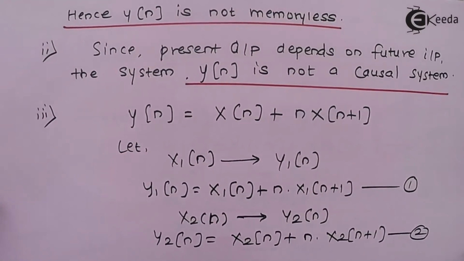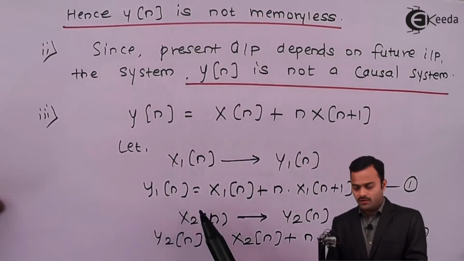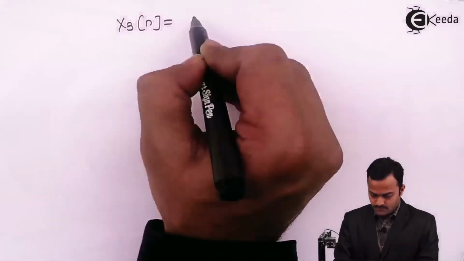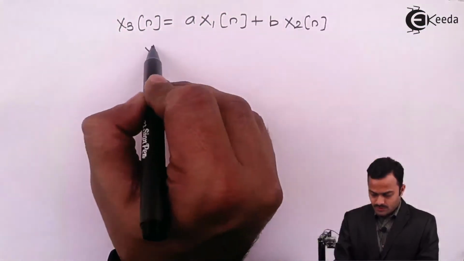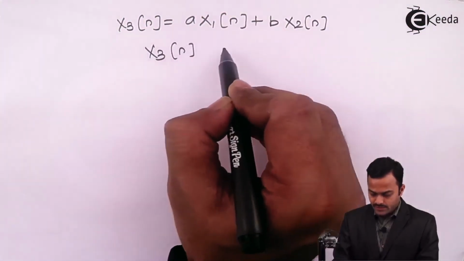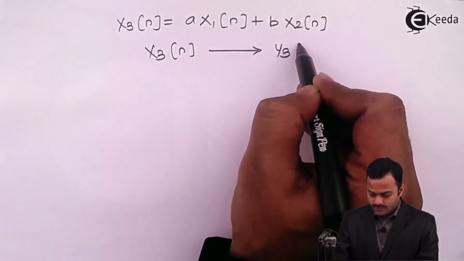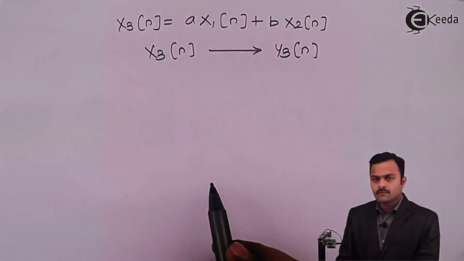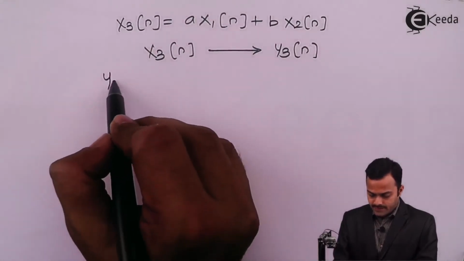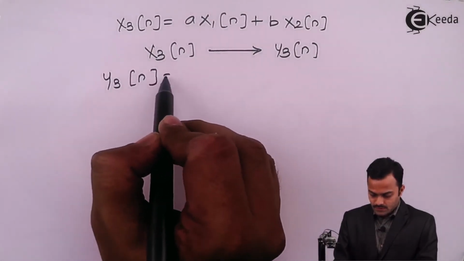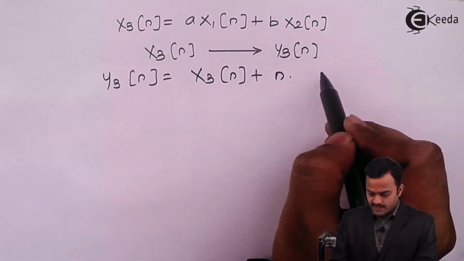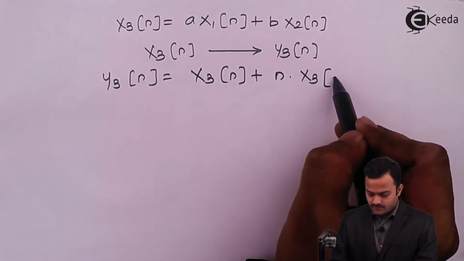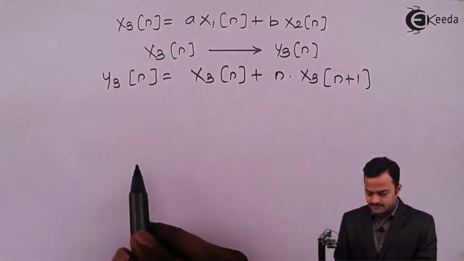Now let's apply a third input, which is a linear combination of x1 and x2. Third input will give a corresponding output y3n. And what is happening inside the system? The signal as it is plus n is getting multiplied to the shifted version of the signal like this.